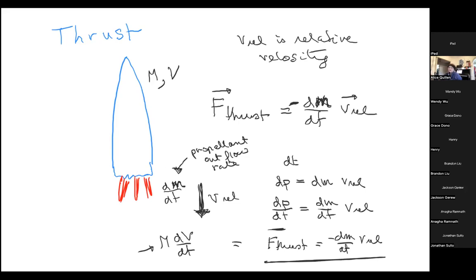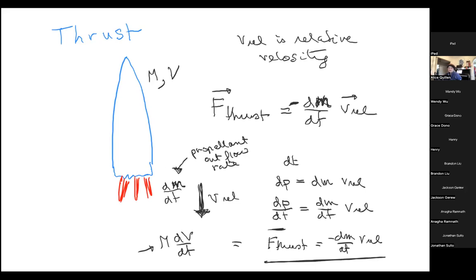And so this is actually something to optimize when you think about how to most efficiently get a rocket into space. Do I want to burn a whole lot at the beginning, or do I want to burn a little bit and then increase it?